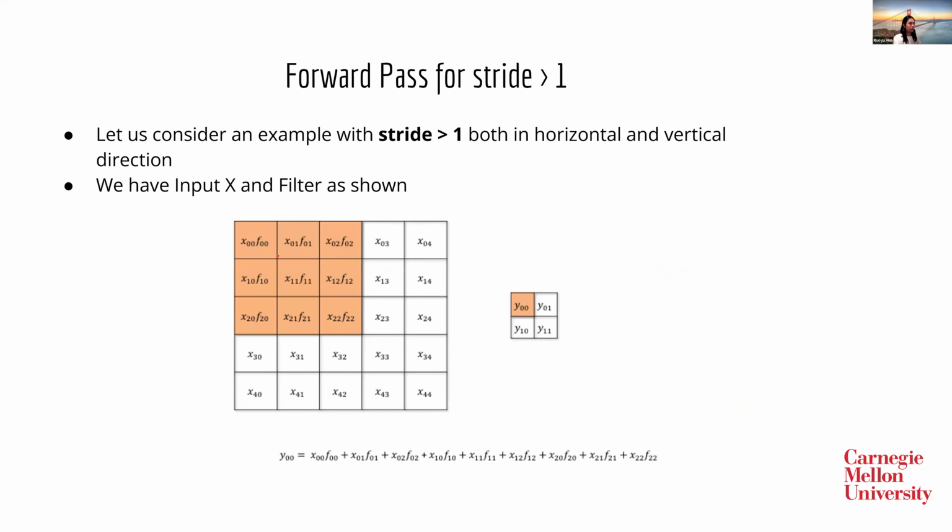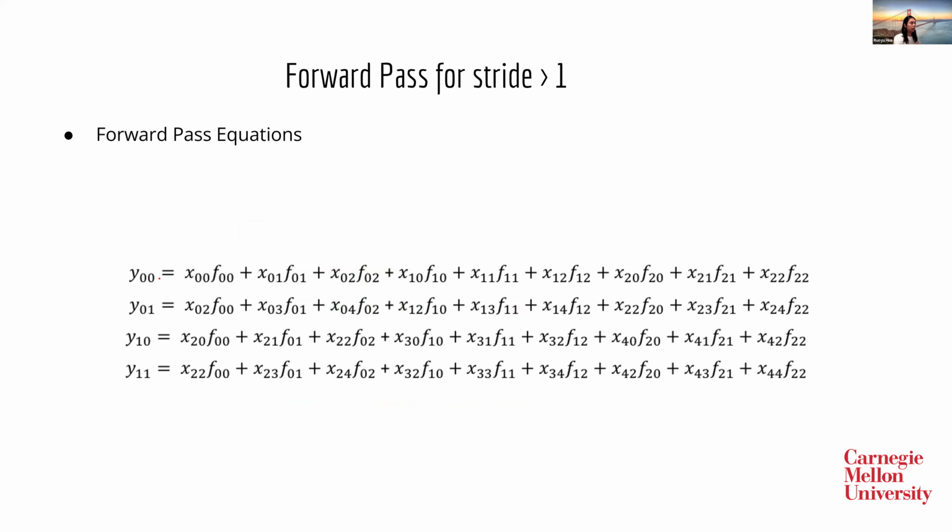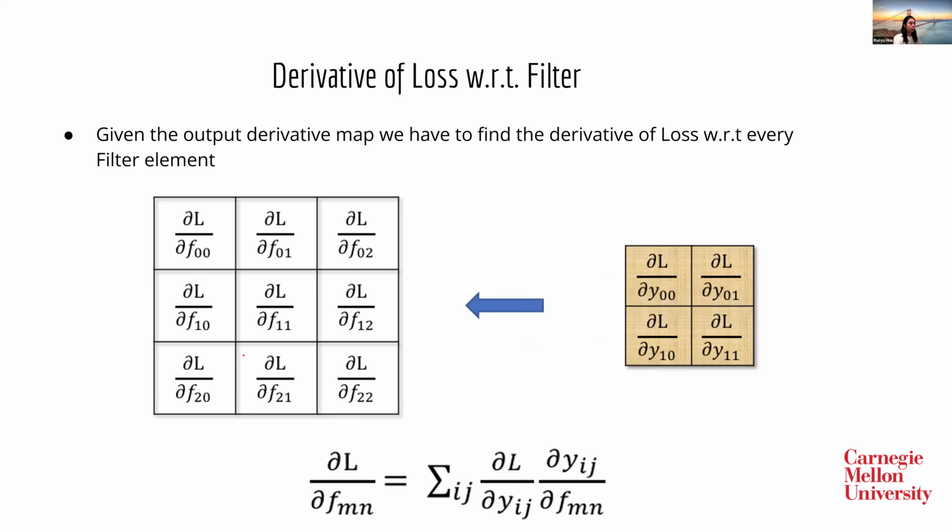That's because we are calculating the output like this. We move 2 positions instead of 1 when we are sliding the filter on this input. So each element in the output map will be calculated like this.